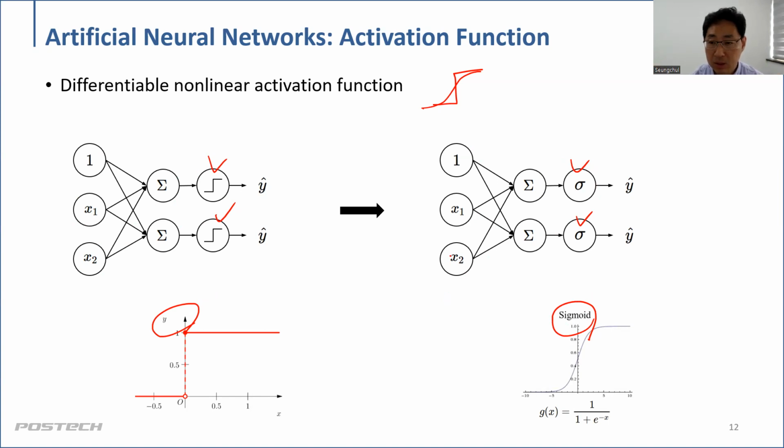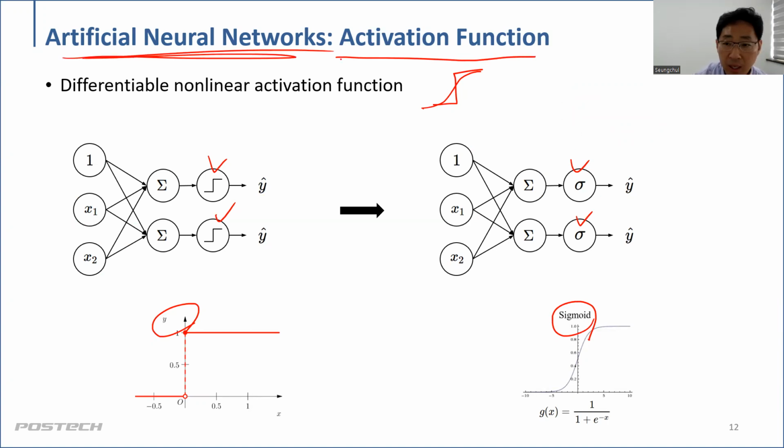This should be totally fine with you, because it's the same as the discussion we had for logistic regression. So we call this a nonlinear activation function in the context of ANN, same as the sigmoid function. Now it's differentiable, since we have sigmoid functions like that.